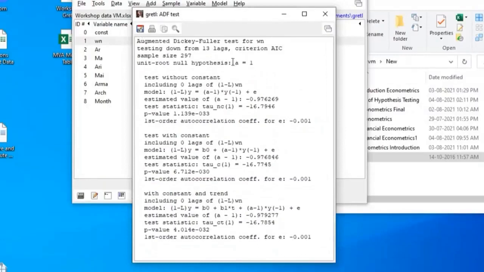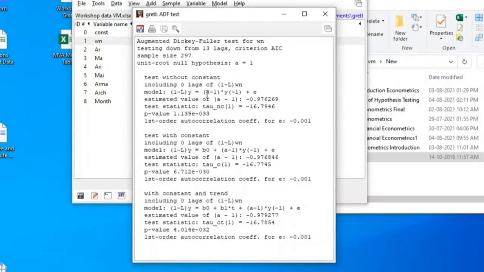A is the coefficient, that particular coefficient. That is the root is equal to 1. So here, what we have to select is the penultimate line in every section. That is the last but one, this P value. So we select this P value. And here also we select this P value. And here also we select this P value.